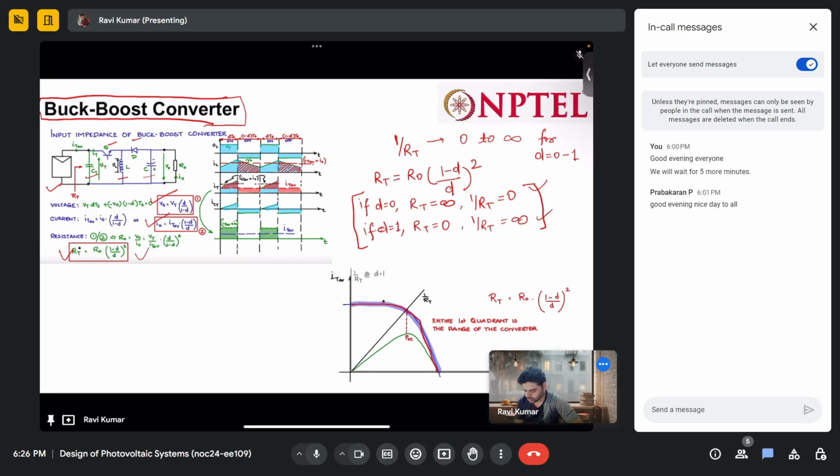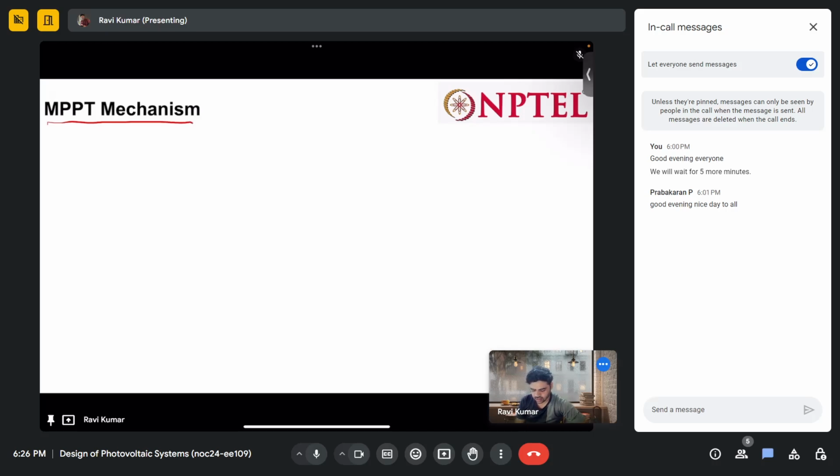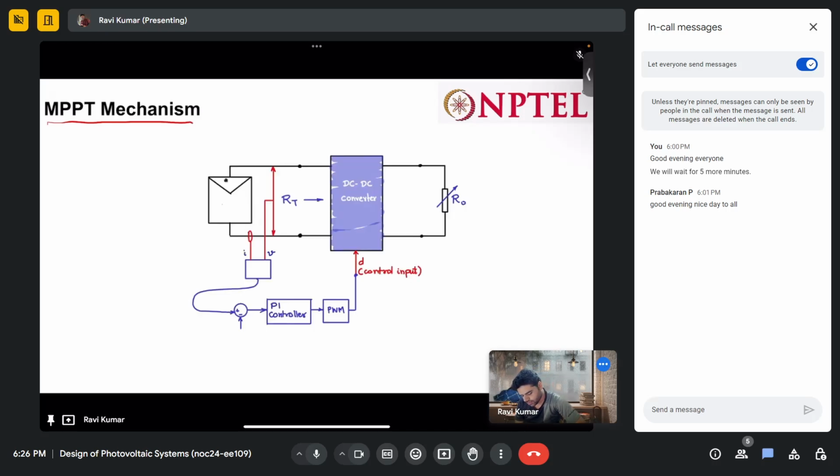It looks like this. We have this PV module, we have this load, and we have this converter, that is the DC-DC converter. This DC-DC converter works on this D, that is our duty cycle. We give this D to the DC-DC converter and it changes RT accordingly.